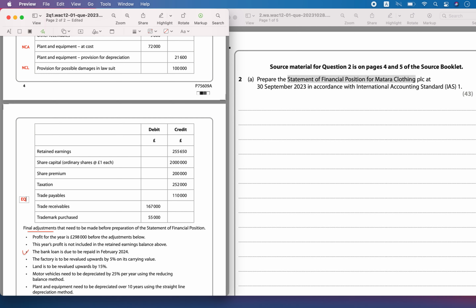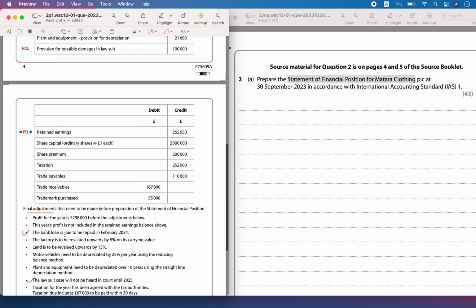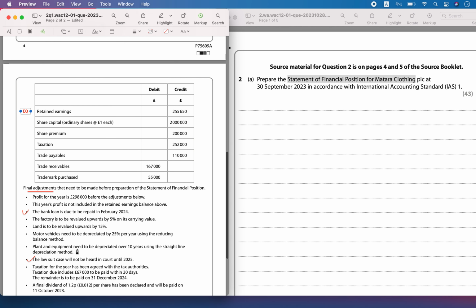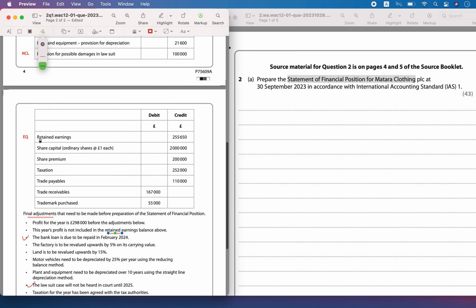You have to do some adjustments because some additional information is given regarding the retained earnings. This year's profit is not included in the retained earnings balance above. The profit for the year is given, so we have to adjust all those. We'll see at the end.